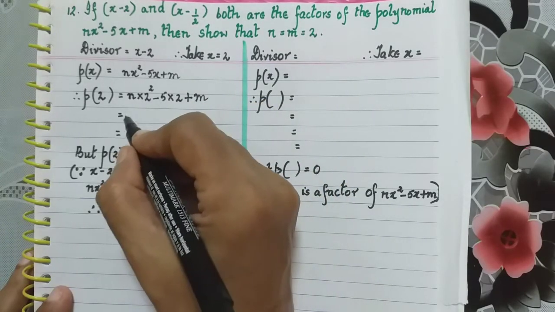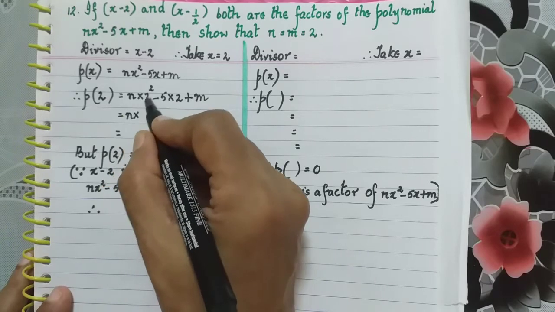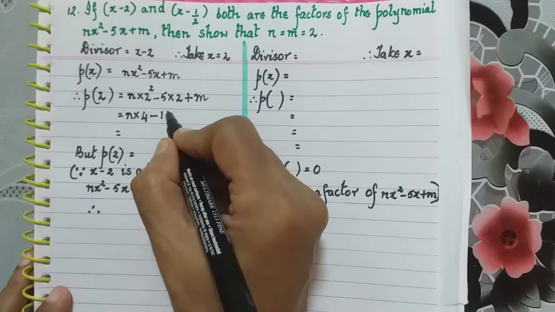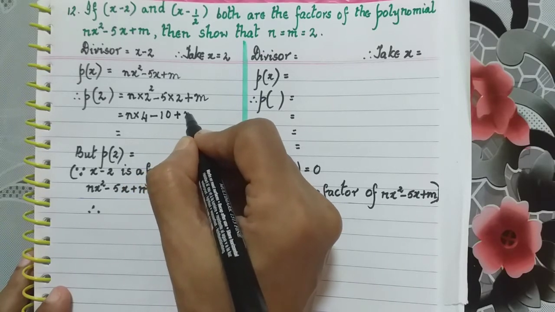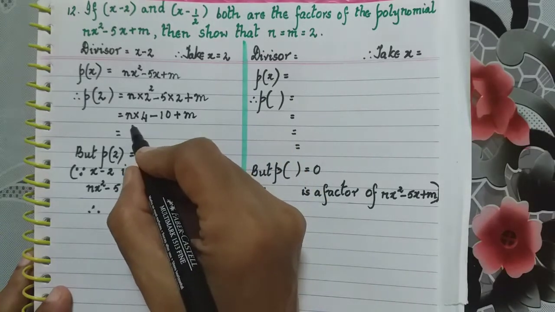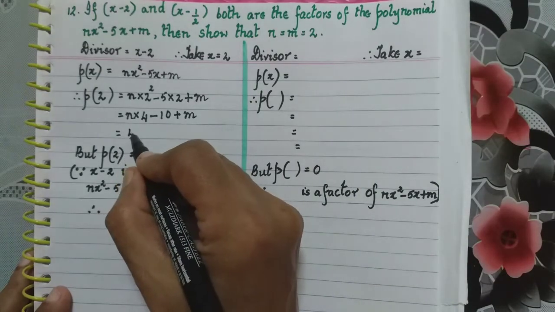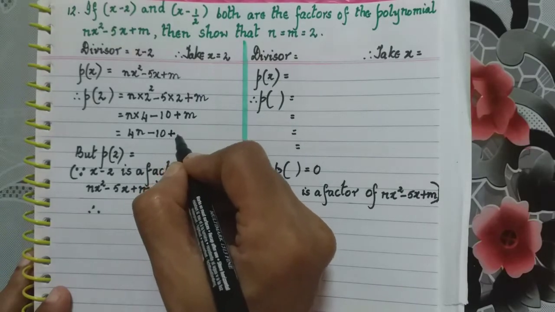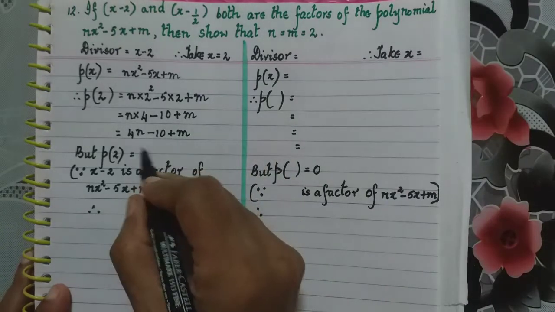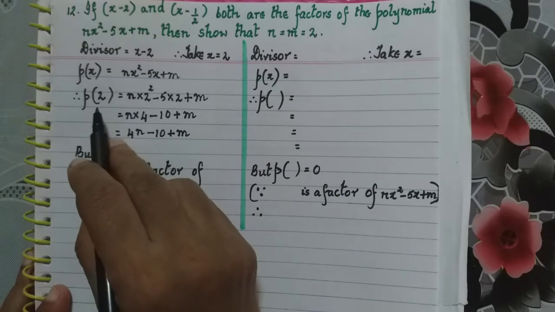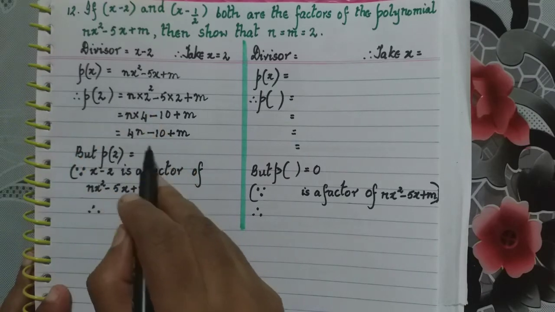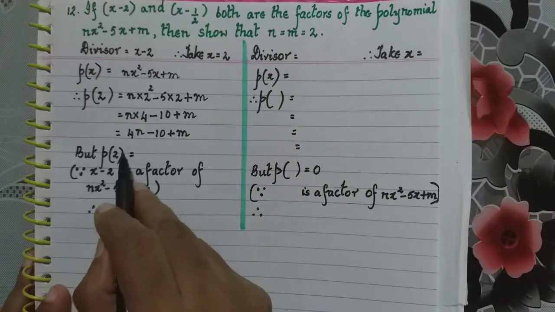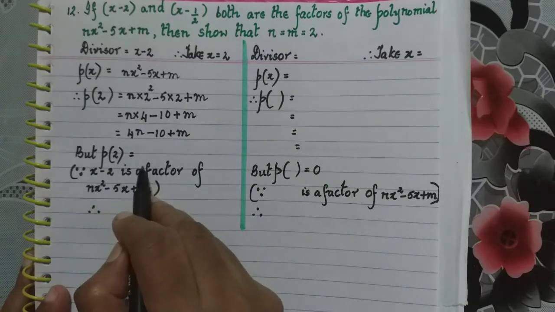Now n into 2 square is 4, minus 5 into 2 is 10, plus m. So this becomes 4n minus 10 plus m. So by putting 2 in place of x, we get 4n minus 10 plus m.